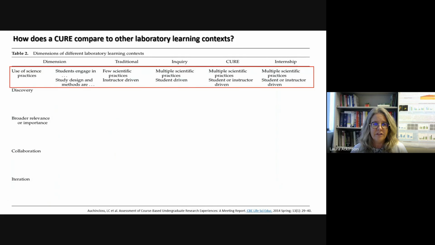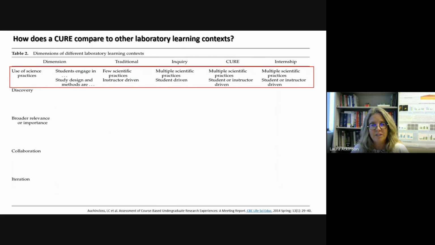So if we look along the top bar, this table shows the use of scientific practices, and then breaks that out into what students engage in and what the study design and methods are. And then it goes across in the columns: traditional, inquiry-based, CUREs, and internships.